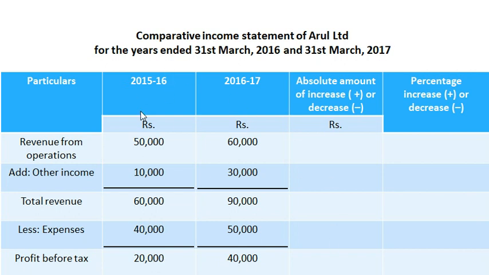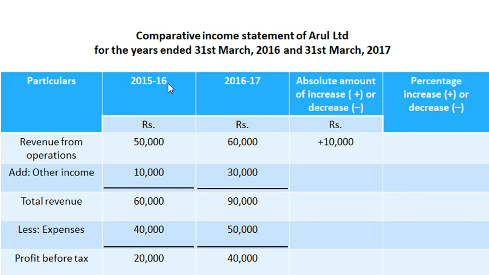In row 4, we have to compare the 2016 and 2017 amounts. In 2016, revenue from operation is Rs 50,000, but in 2017, revenue from operation is 60,000. So compared to the last year, revenue increases by 10,000.